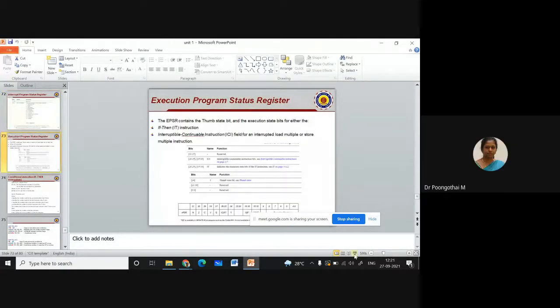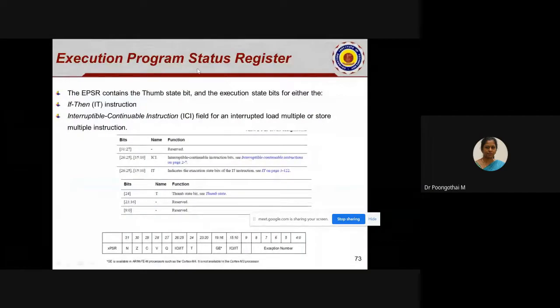So next one is the execution program status register. This register contains the thumb state bit. This bit is always 1. It also has execution state bits for the if-then instruction and the interrupt continuable instruction.